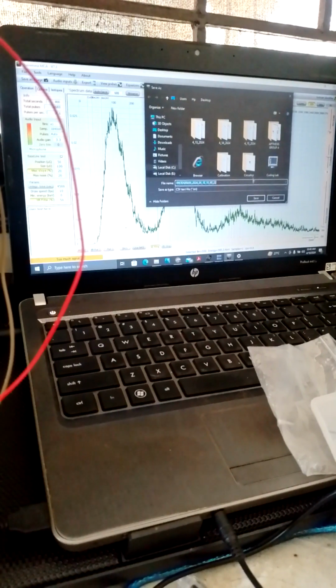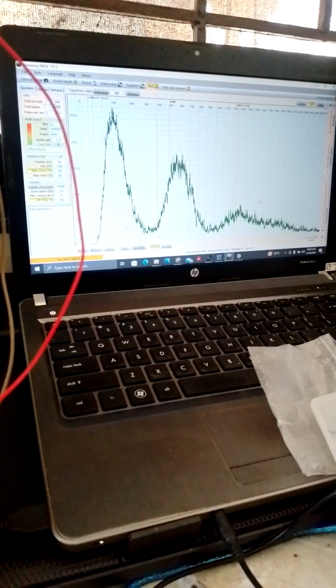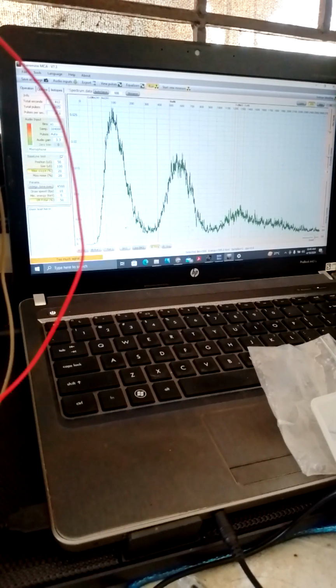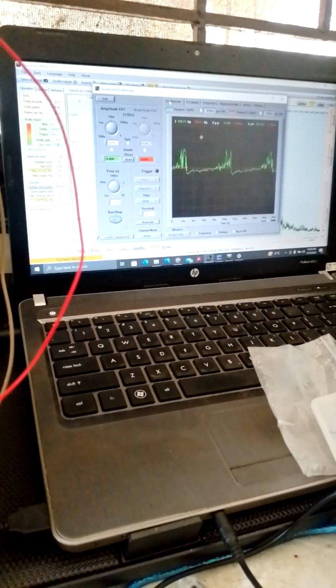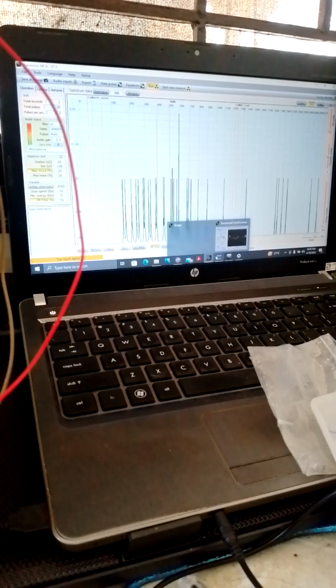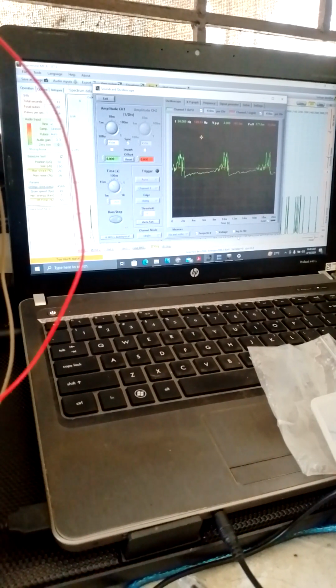Sometimes I have already gathered the data, but only for analysis. That's why sometimes it saturates the signal in that way.